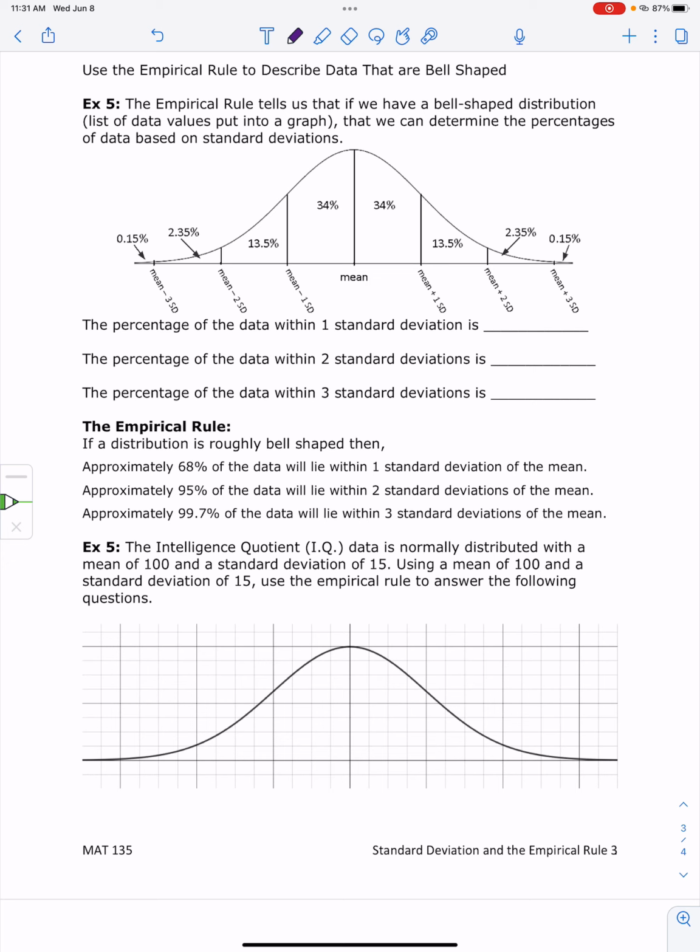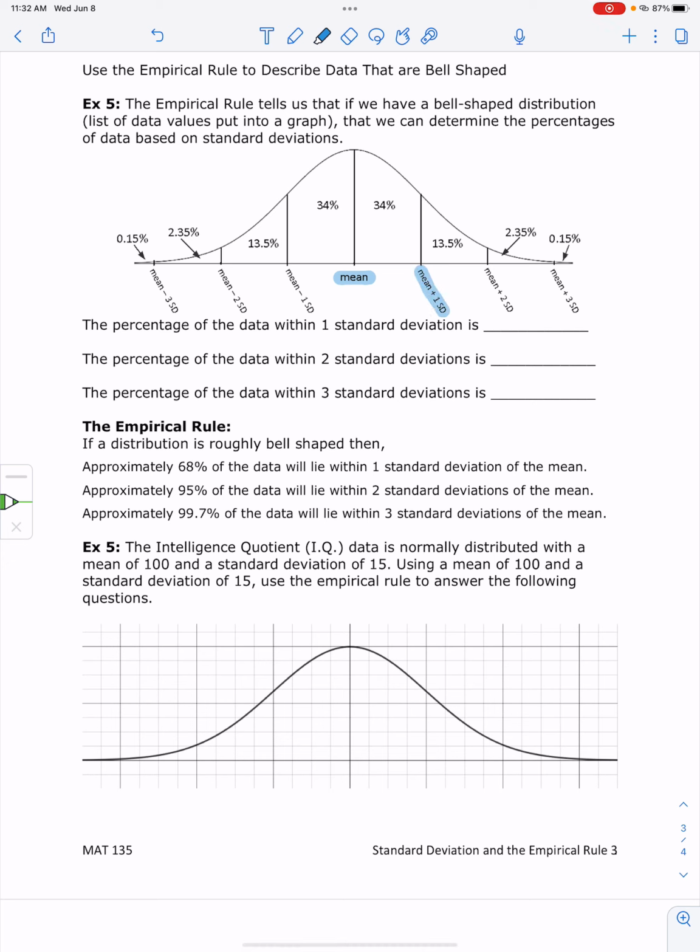So we get this bell shape. Okay? So our mean is always in the middle of that distribution. And then we can count out by standard deviations. We're going to do an example of this and put numbers to it in a minute.